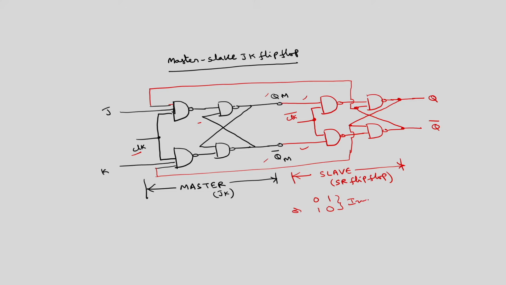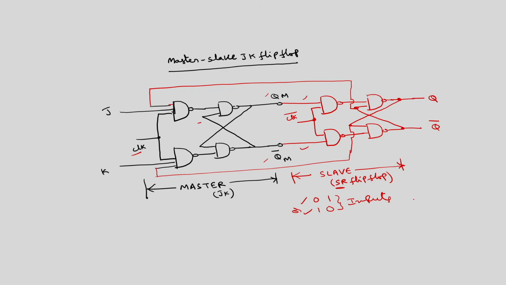For 0 1 or 1 0 there is no problem with the SR flip flop. So we will use this slave flip flop as an SR flip flop. So this is the circuit diagram of the master slave JK flip flop. This will avoid the race around condition.